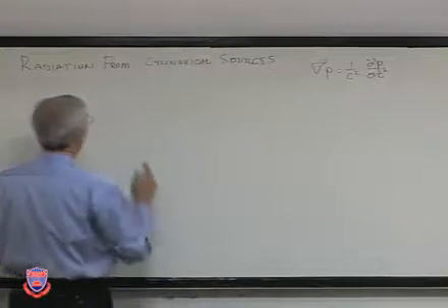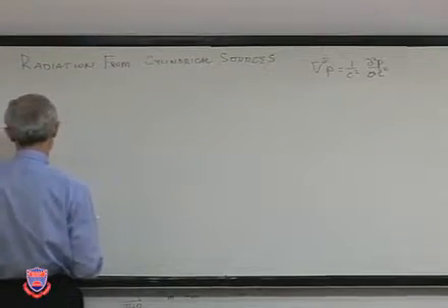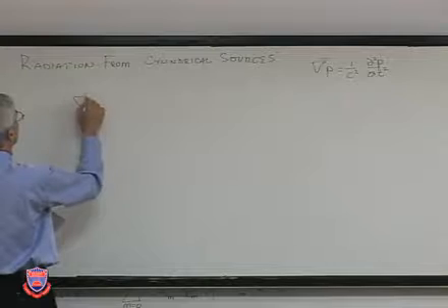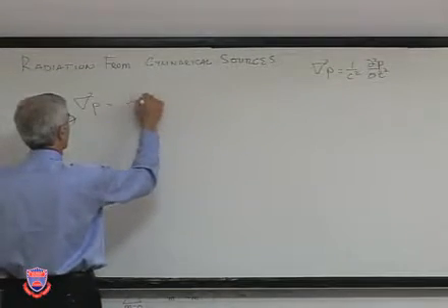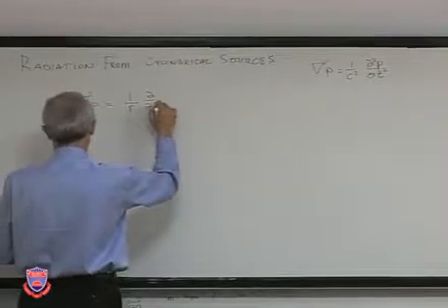And in cylindrical coordinates, the Laplacian, the left-hand side, is expressed as 1 over r, del over del r.